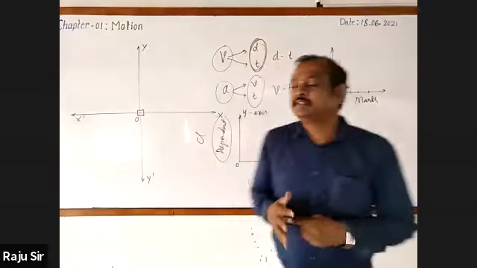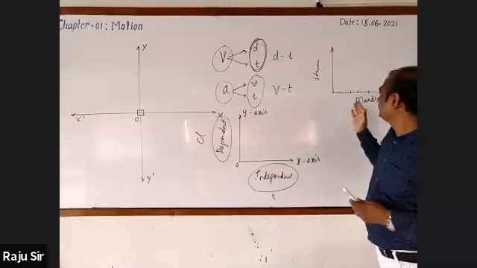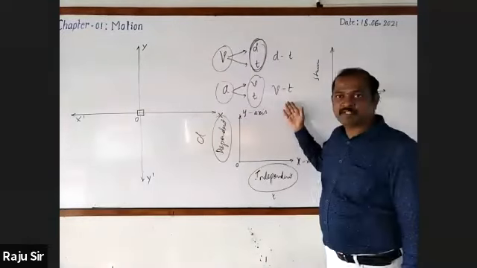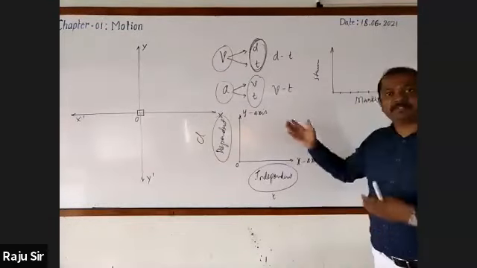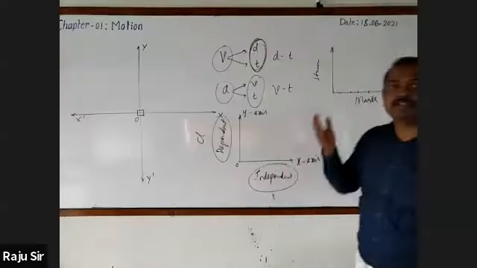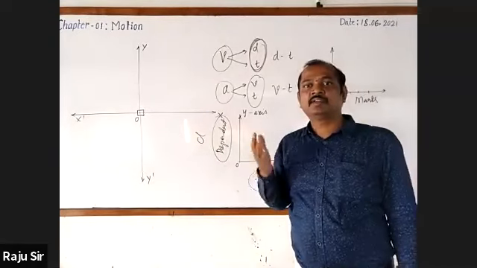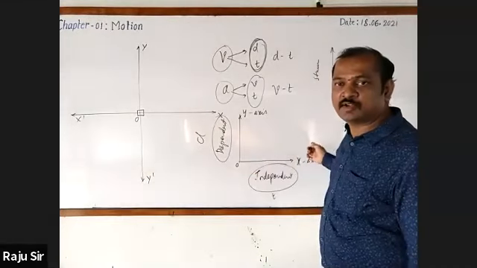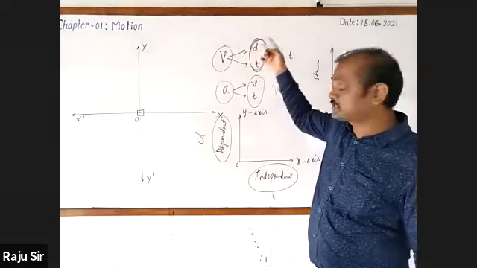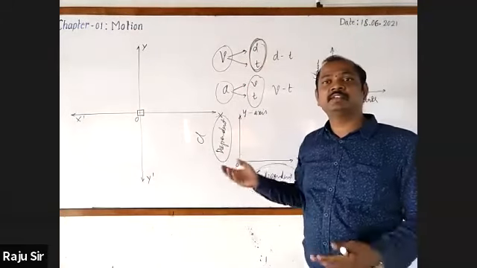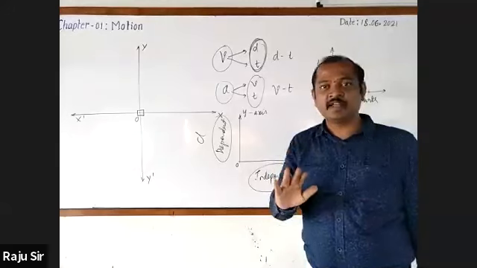The graph in which time is taken along the x-axis and distance is taken along the y-axis is known as the DT graph. The graph in which time is taken along the x-axis and velocity is taken along the y-axis is called the VT graph. Clear?